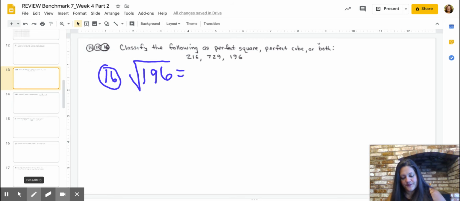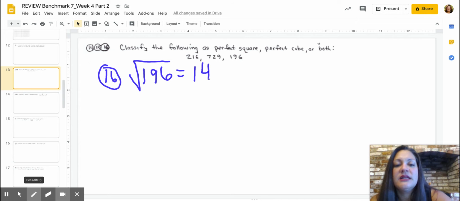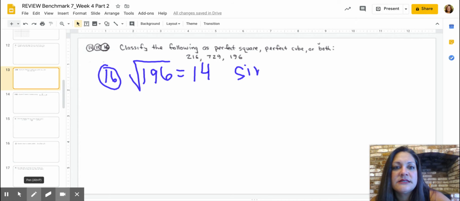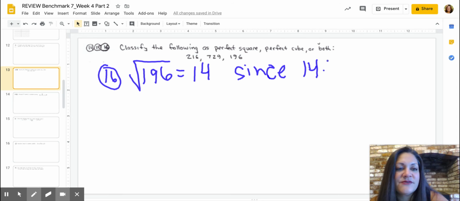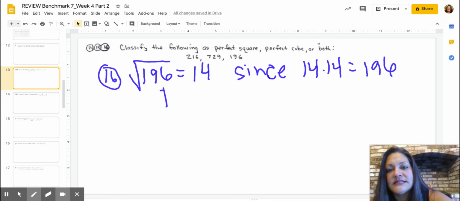Square root. 196. Square root is 14. Woohoo! Perfect square. Okay, so since 14 times 14 equals 196, that is a perfect square.